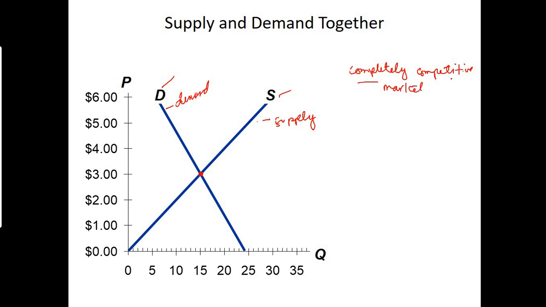So atong gi-assume nga in a completely competitive market, there are many buyers and there are many sellers. Nya ang mga sellers pwede sila mosulod sa market, pwede sila maligya nga wala kayo restriction, walay control. Pwede sila mosulod bisag daghan kayo mosulod. Nya bisag unsang produkto nga ilang ibaligya pwede, no?